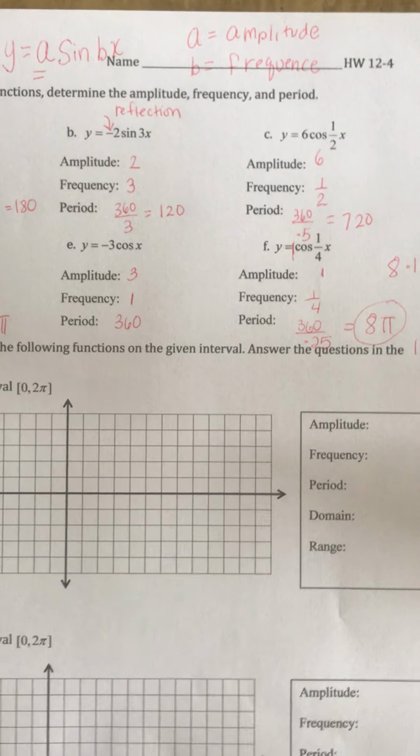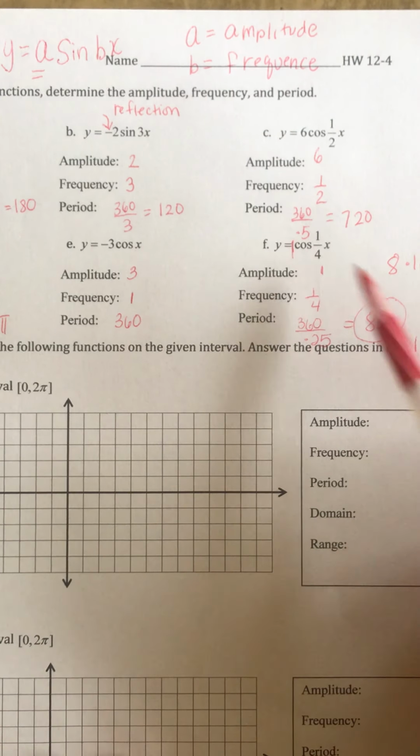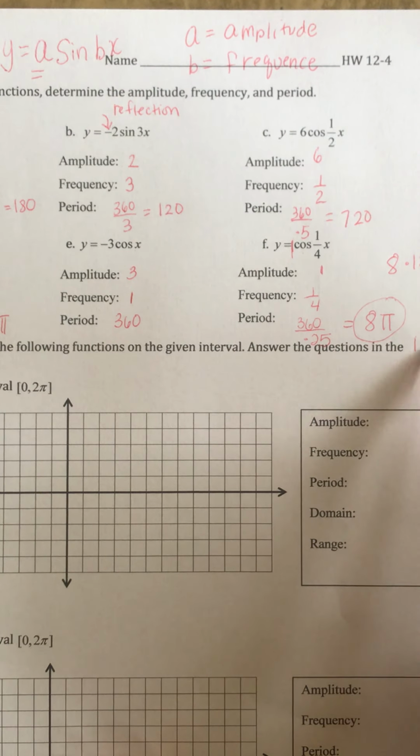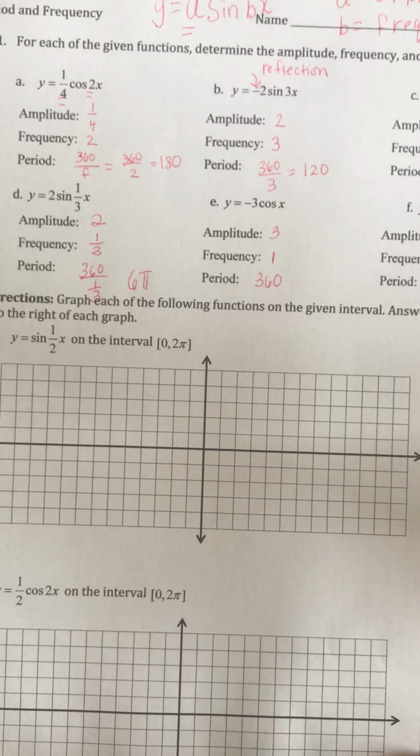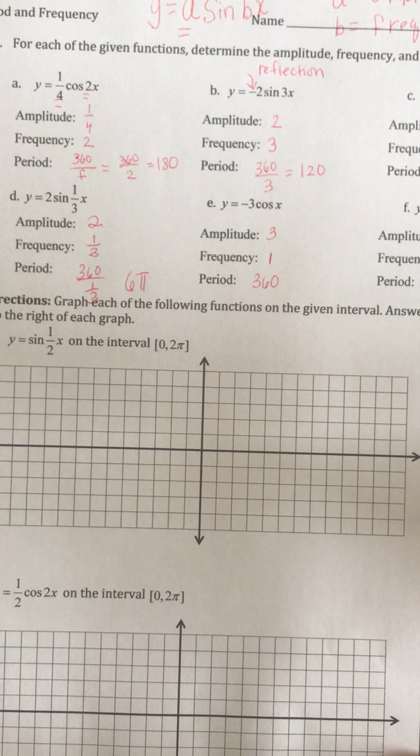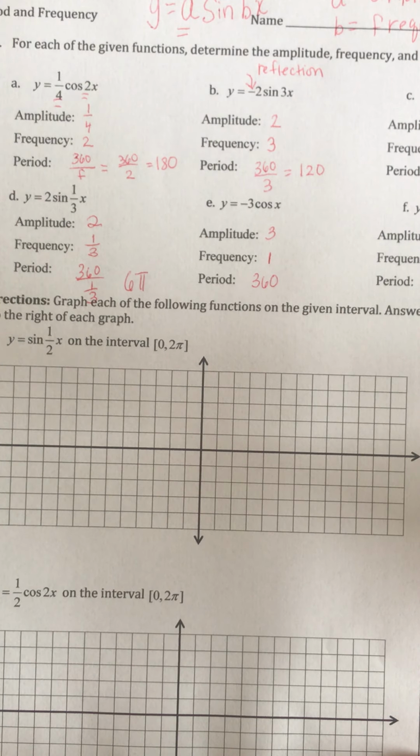That means in order to see the entire curve of cosine, you would have to go from 0 to 1,440.